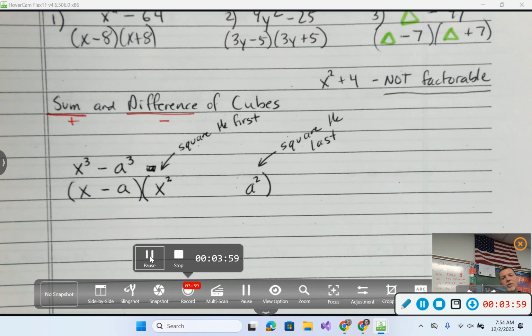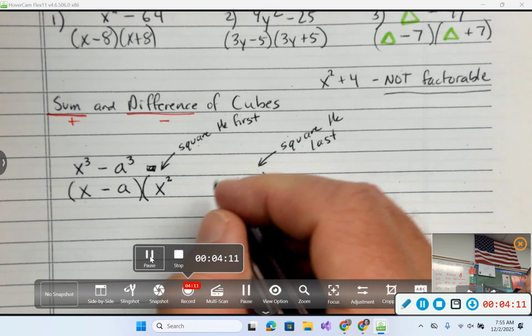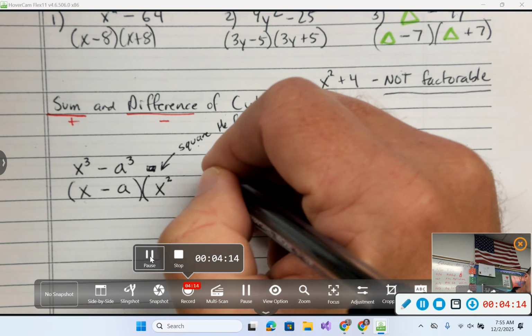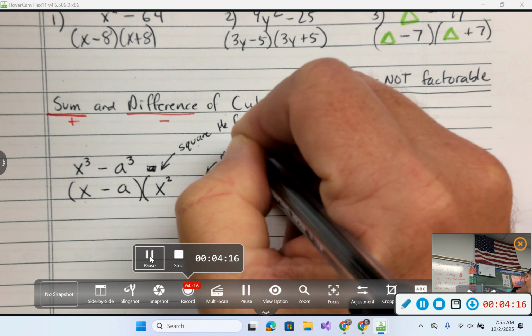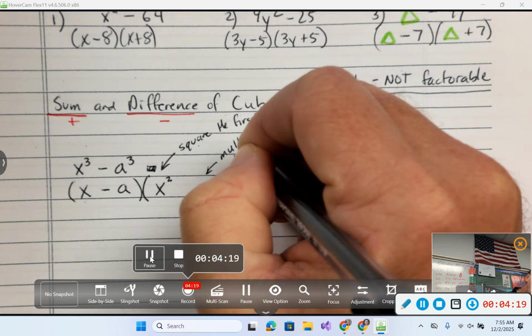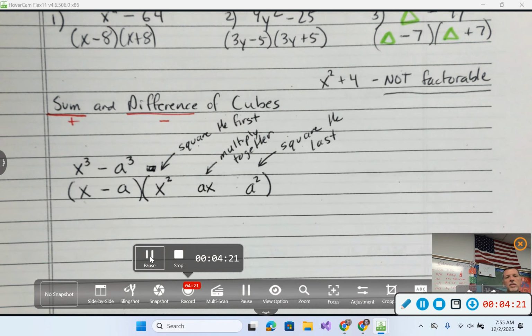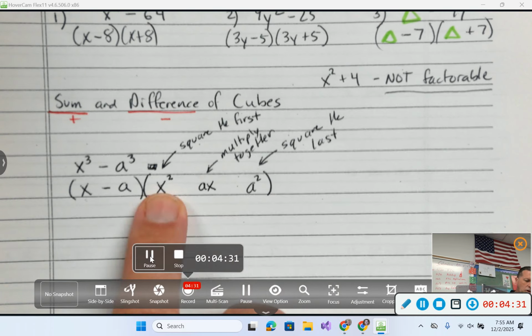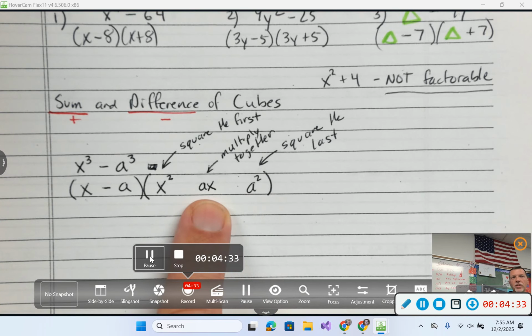It may feel like I'm going out of order, but when I do these problems, this is how I do it. I square the first and I square the last. And then in the middle you just multiply the two together, x times a, or alphabetically ax. So the first set's pretty easy: just cube root both of them, x and a. Second set: square the first, square the last, multiply the two together in the middle.